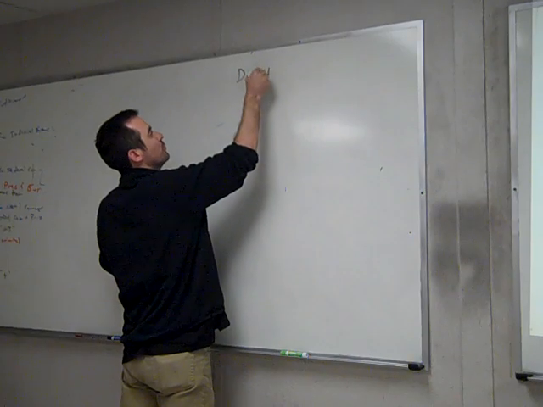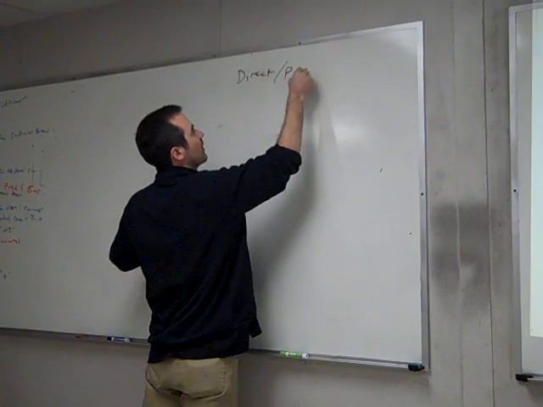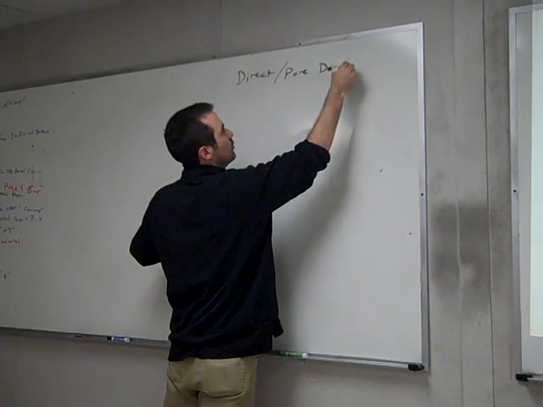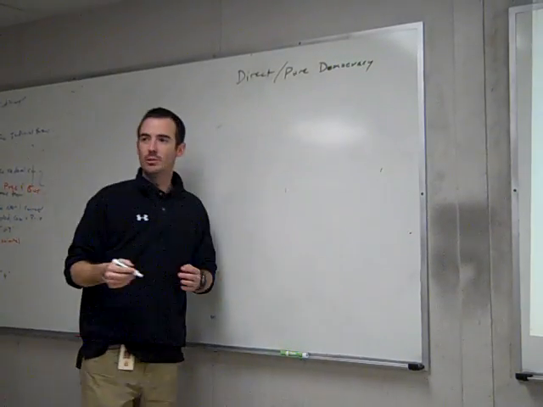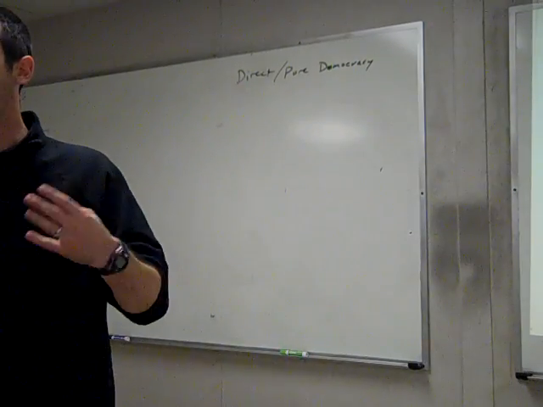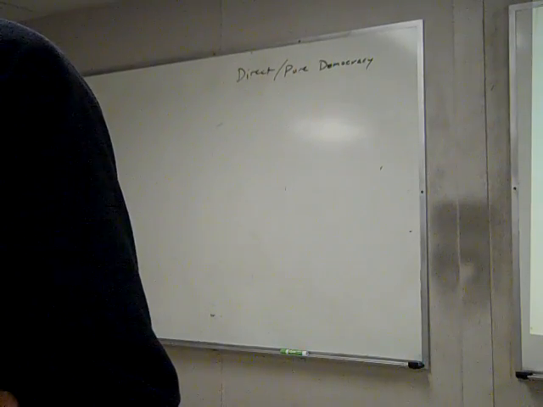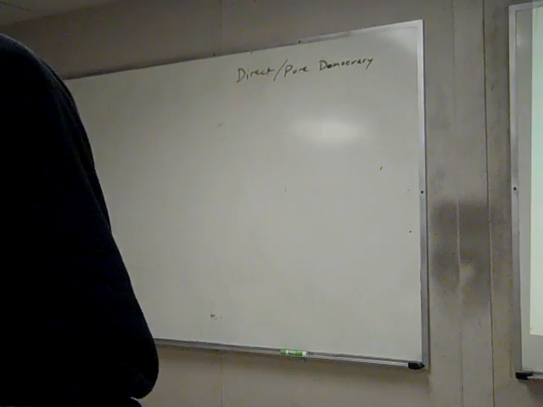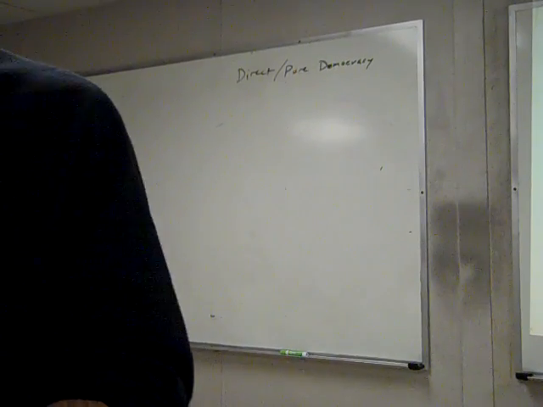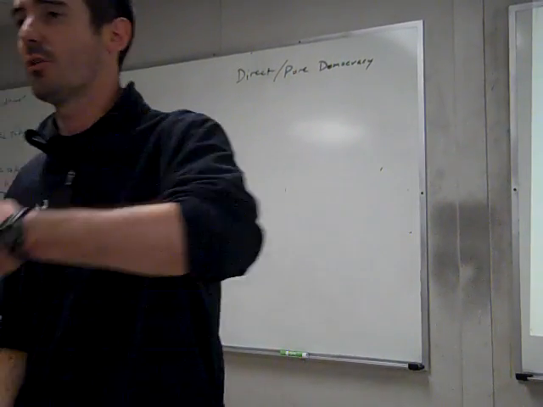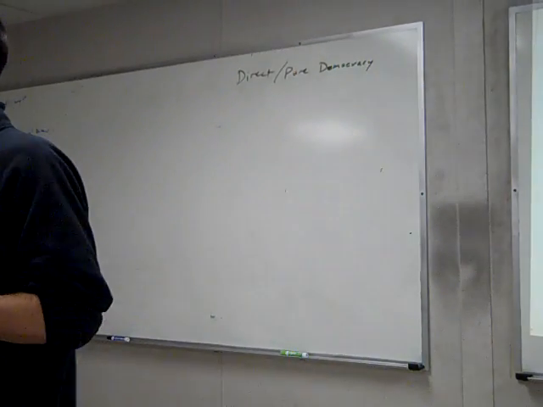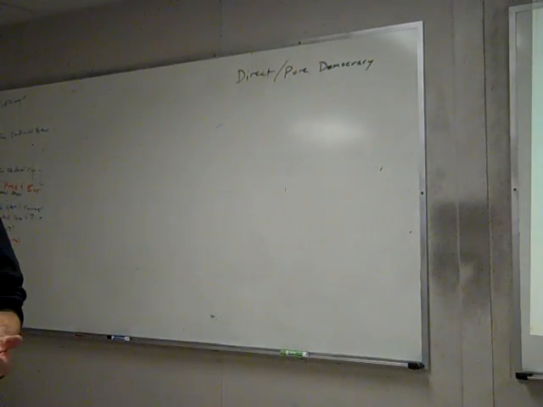Remember, we have a concept called pure or direct democracy, in which democracy means rule by the people, and the people actually make policy. Of course, that's not what we have, and there are all these reasons we don't have it. It's inefficient on a large scale. It's hard to get all those people to vote, and hard to get them all educated about policy.